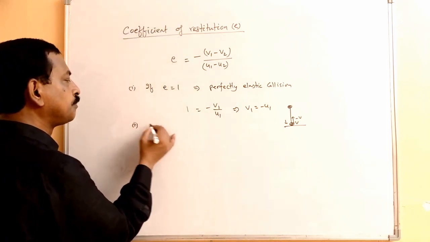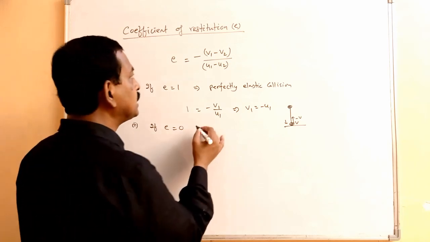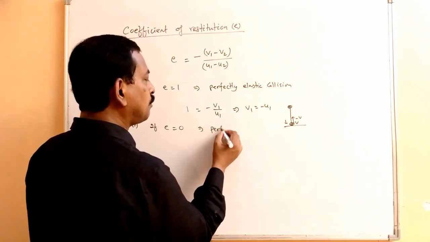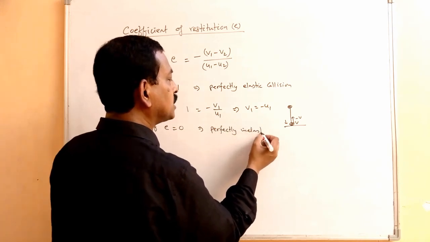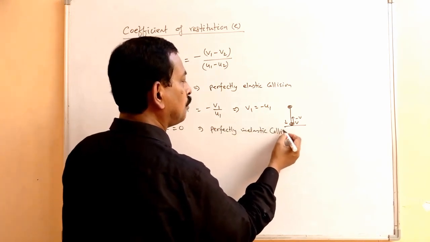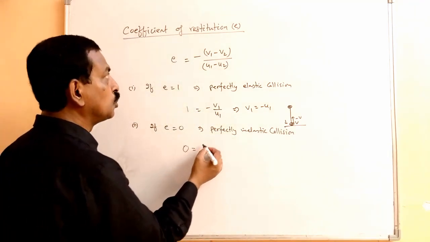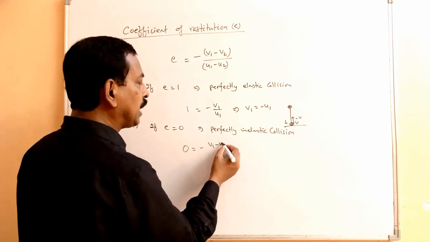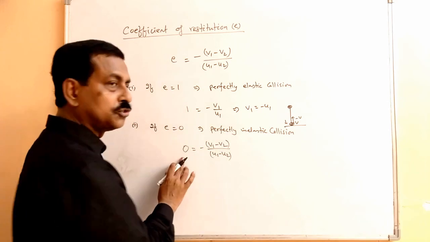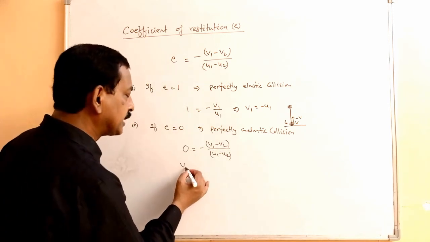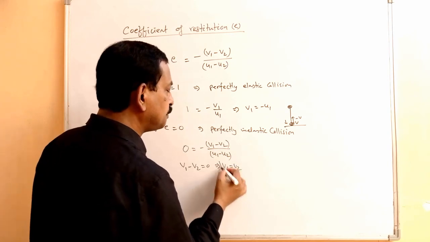If E is equals to 0, in that case we get perfectly inelastic collision. What we get here, E is 0, that means v1 minus v2 by u1 minus u2 term is 0. That indicates v1 minus v2 is 0 or v1 equals to v2.